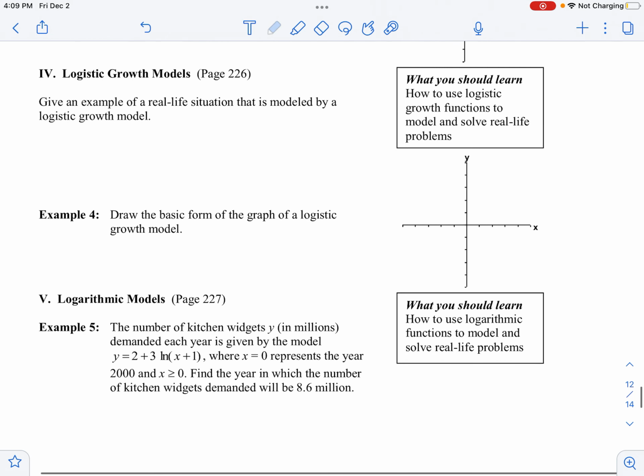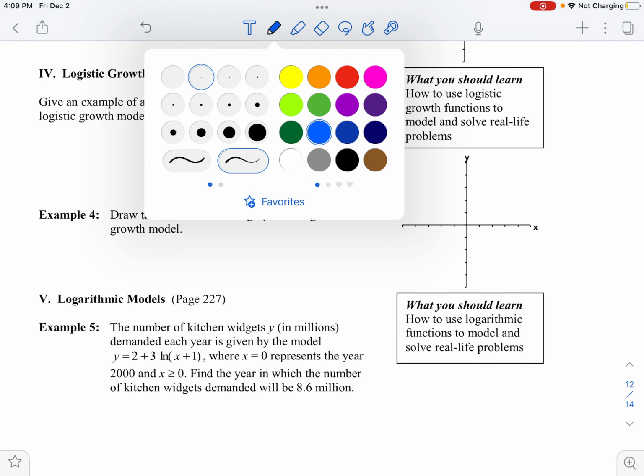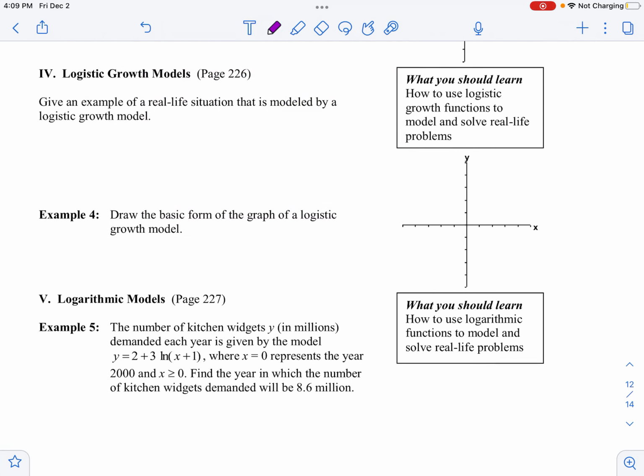For logistic growth models, remember, logistic was when it starts to grow a lot and then something happens and it has a decreased rate of growth. An example of that could be bacteria growth. Let's just say bacteria growth in the summer.